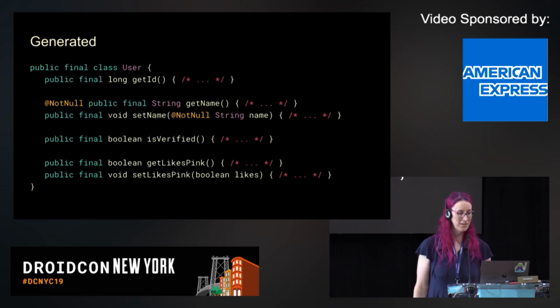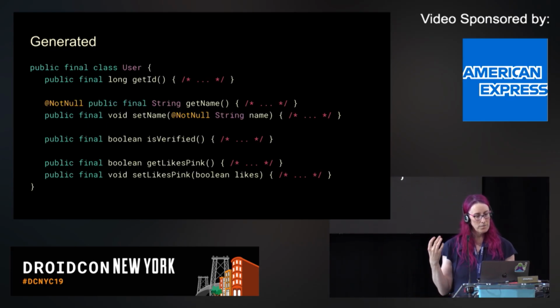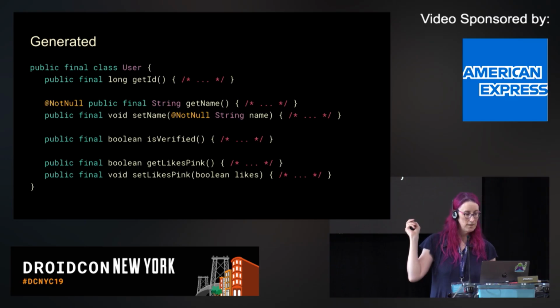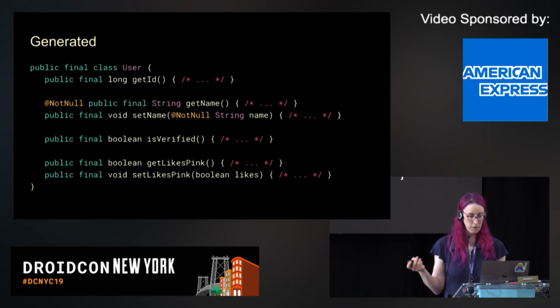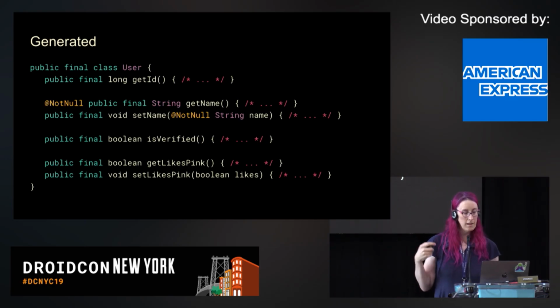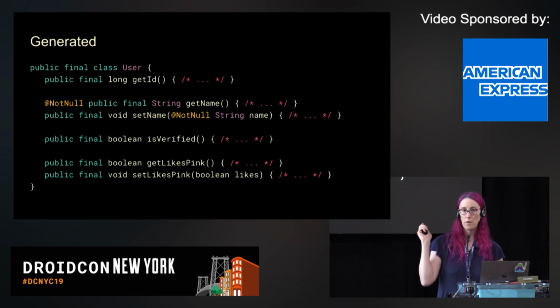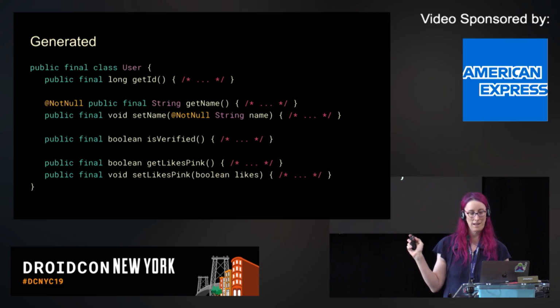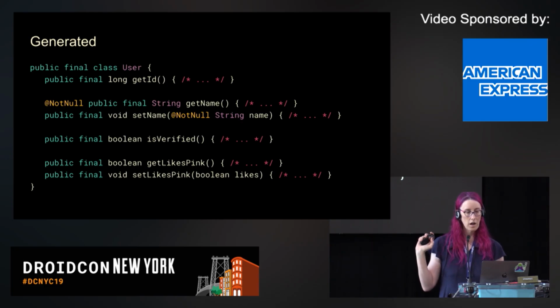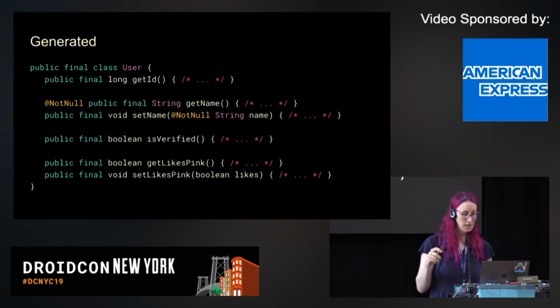We can look at the generated code. Here we've got getName and setName, which seems reasonable. We've got isVerified, following a slightly different version of the JavaBean naming convention, because if you have a property named isWhatever, even if it's not Boolean, it will leave the name as is and won't prefix it with get.